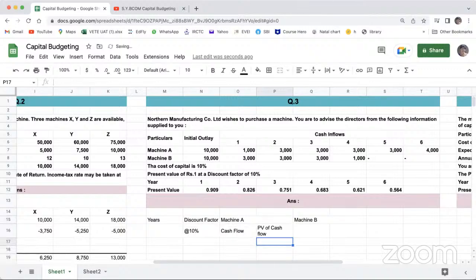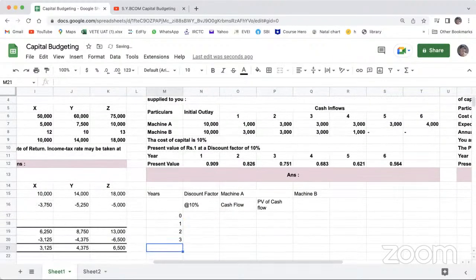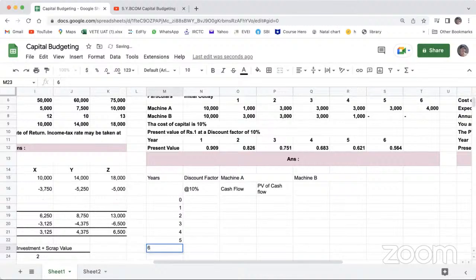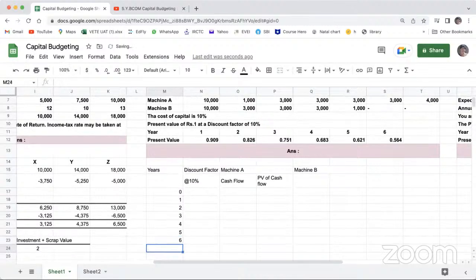How to do that I will tell you. You don't have to worry about that. Just concentrate on it. So here I'll start with 0 because I need even the initial investment. So 1, 2, 3, 4, 5 and 6, because that is the last year they have given us.